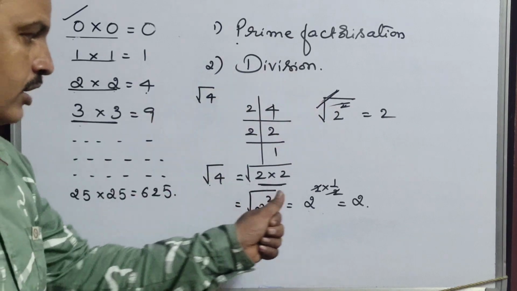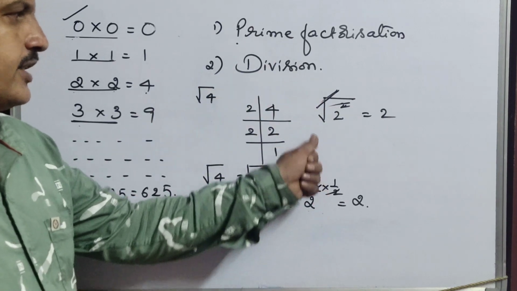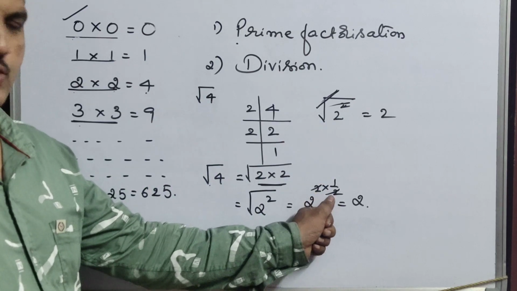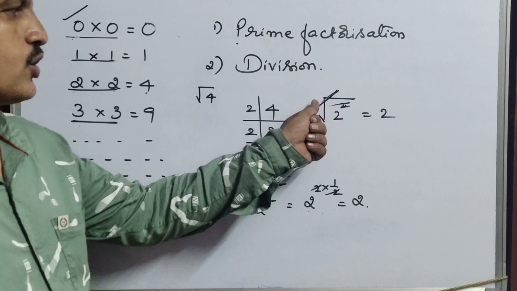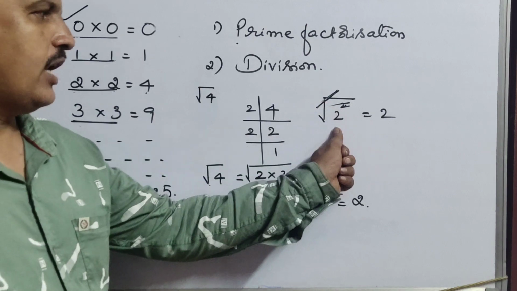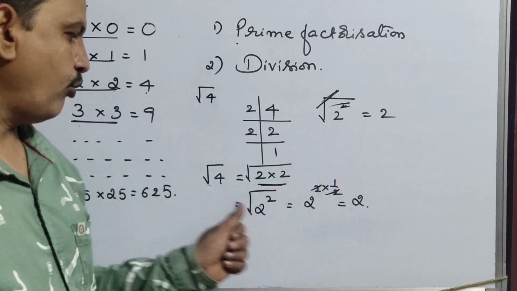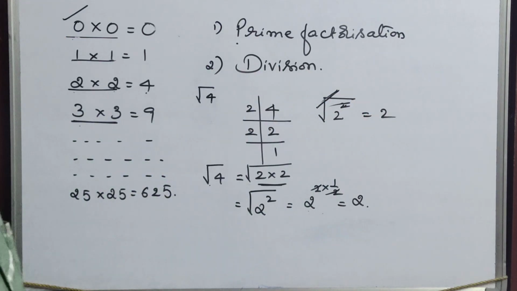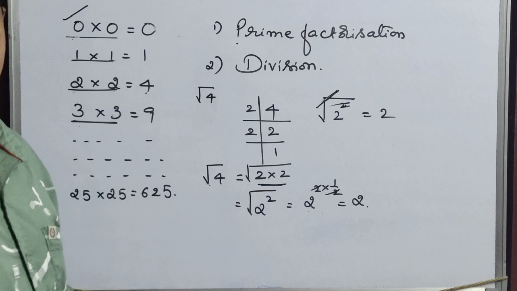Because the square root can be written as power 1 by 2, so the 2s get cancelled. That's why we are left with 2. So the square root of 4 is 2 is the answer. Okay children? Is it clear? So this is called the prime factorization method.